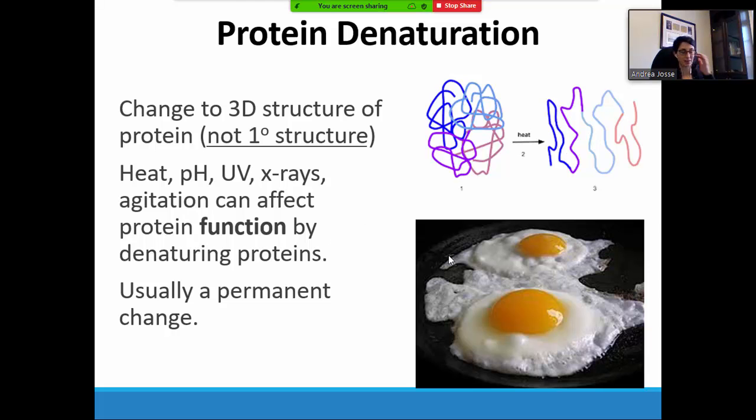Just as another example with eggs, when you beat egg whites a lot, they turn into a meringue, and there's nothing you can do to get them back to the way they were before. So this is a situation, again, where you're adding some type of agitation to the eggs, and it changes the structure and the function of the egg white.